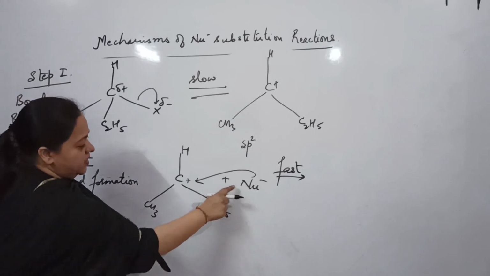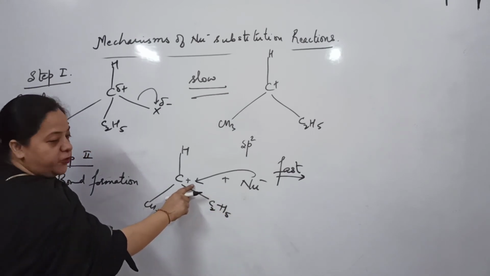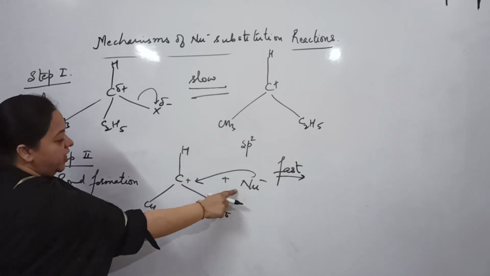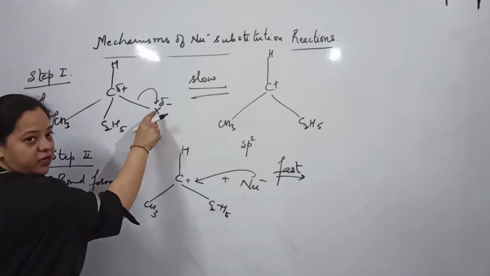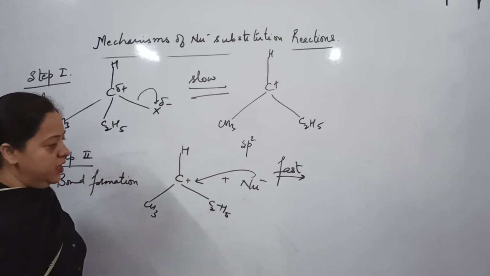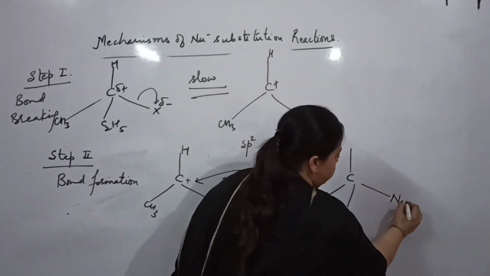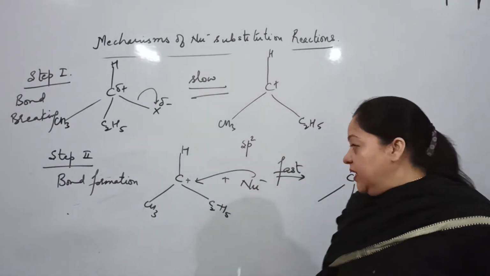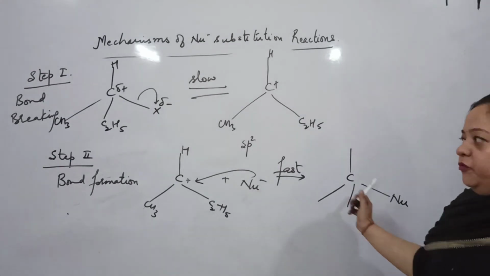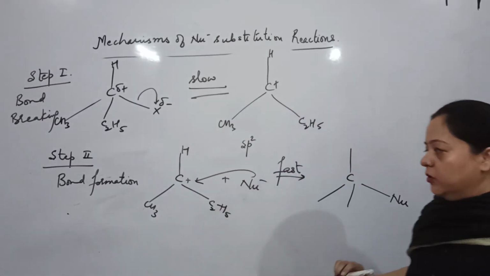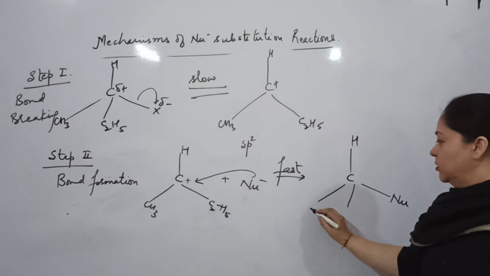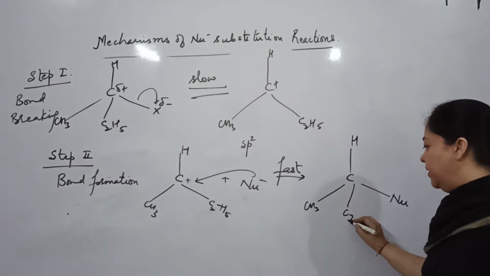There is 50% probability for the frontal attack, that is nucleophile will attack from the same side from where the leaving group leaves. And in that case, the nucleophile will occupy the same position which is occupied by the leaving group, hydrogen, methyl and ethyl.